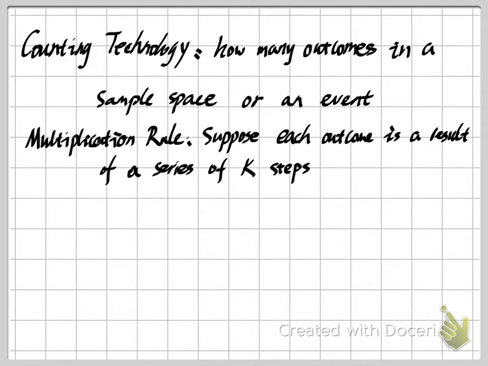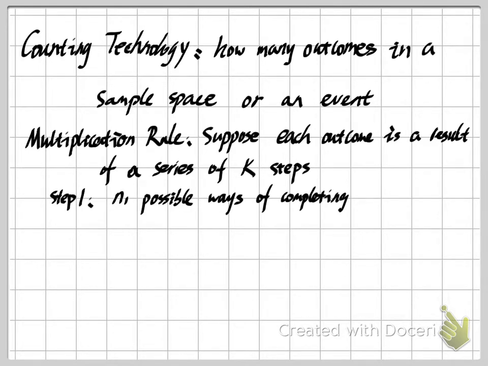For each of the steps, we will have different possible ways to complete it, and we denote them by different numbers. For the first step, we denote this by n sub 1. For the second step, we denote this by n sub 2.